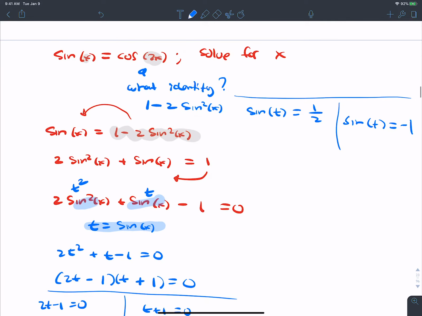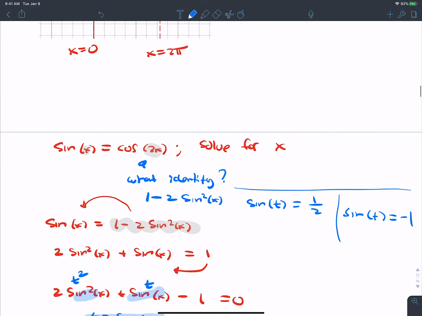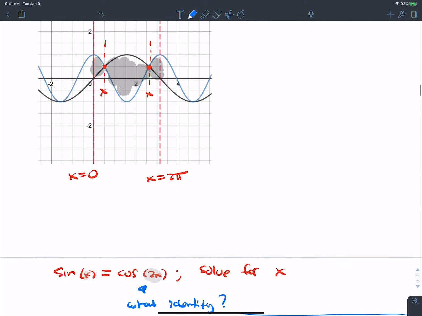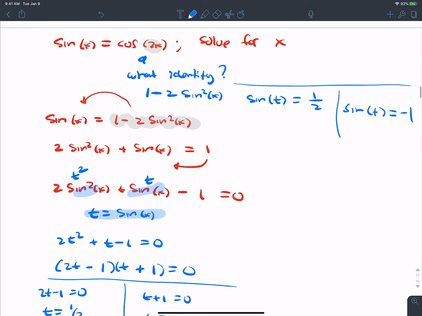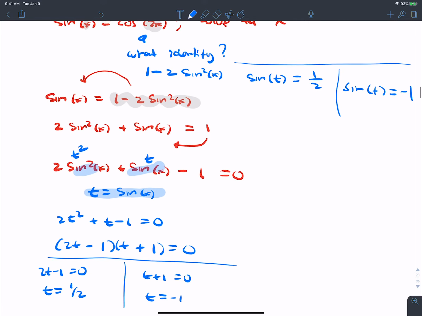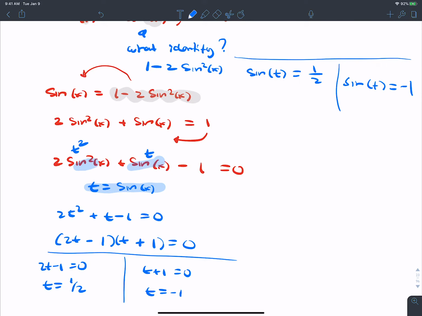So, where is sine 1/2? Do you guys know? So let's double check. We're looking for 0 to 2 pi solutions. So sine is 1/2. Let's go back here and consider. I already know here, negative 1 for sine, where does that happen? Is that 3 pi over 2?